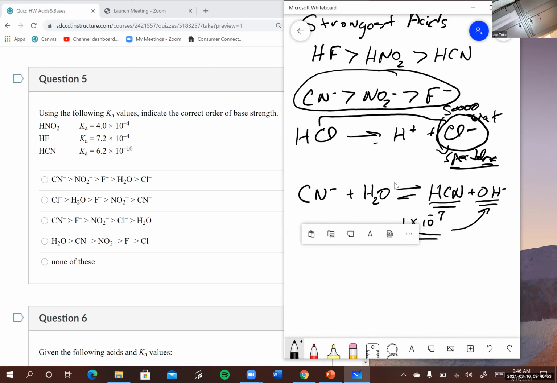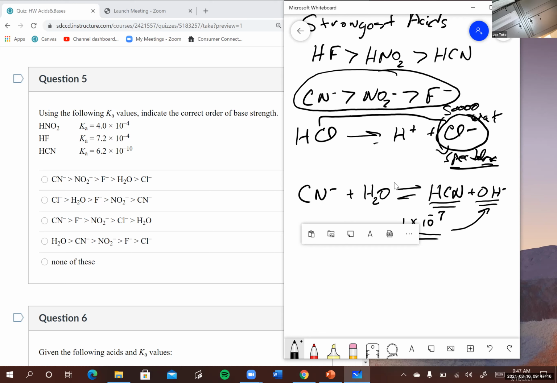What do you think? Do you understand why it goes at the end after F minus? Yeah, it's the weakest base of that list. So it's going to go after F minus.